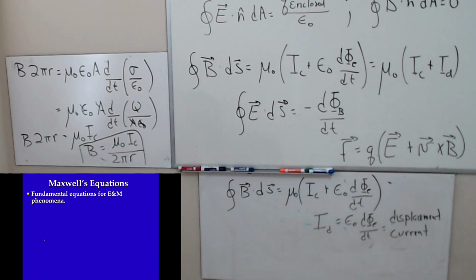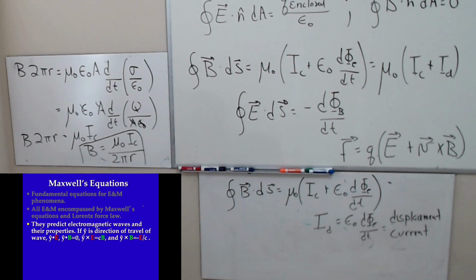So, why are these important? Well, besides the fact that they really describe everything in this course, Maxwell took these equations and manipulated them. And from those equations, he was able to predict electromagnetic waves, because that was not understood at that time. In other words, light waves.